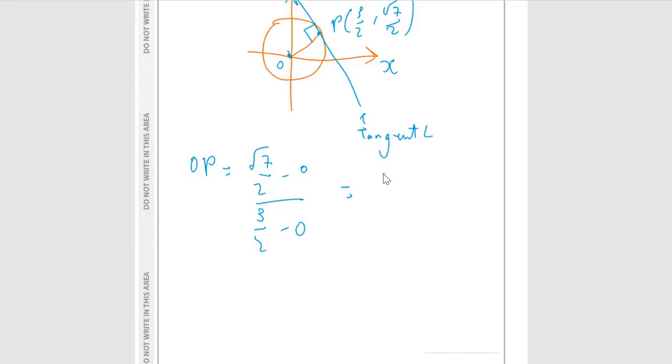So we have square root of 7 over 2 divided by 3 over 2, which gives us square root of 7 over 3.